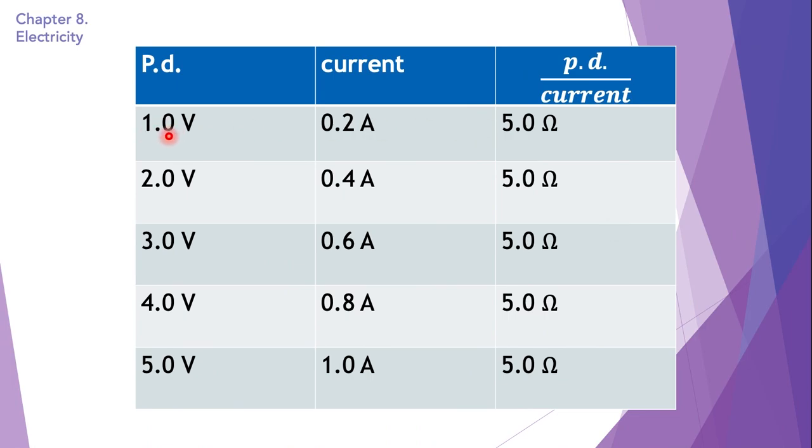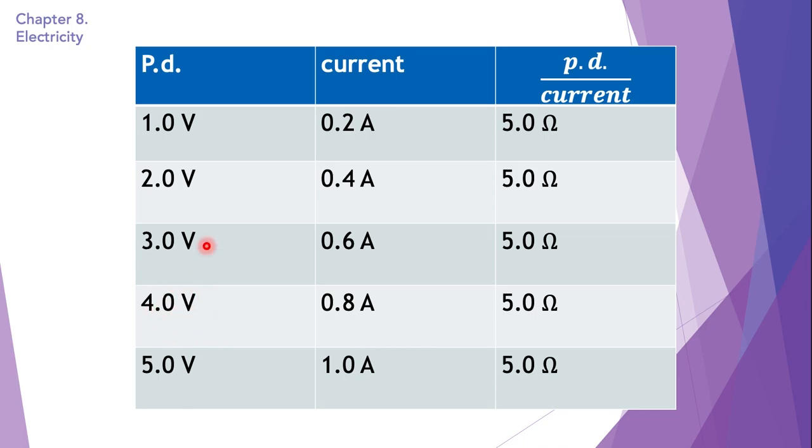When the potential difference was 1 volt, the current was 0.2 amperes. And so when we divide the two values, we get 5 ohms of resistance. Then when the potential difference increased to 2 volts, the current increased to 0.4 amperes, and the resistance remained the same, 5 ohms. Then the potential difference increased to 3 volts, the current to 0.6 amperes, but the resistance still remained the same, 5.0 ohms.